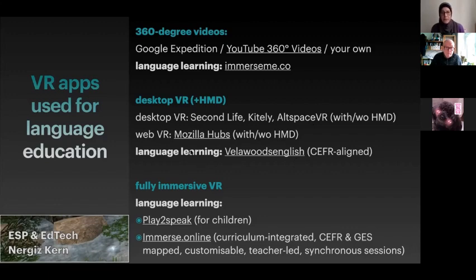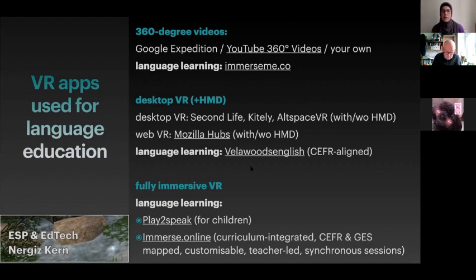A desktop VR specific for language learning is Velawoods English. Now, this is a commercial product originally developed by Cambridge. Not sure whether Cambridge Learning or Cambridge Assessment English. It's a story, and you as a learner participate in the story, basically.